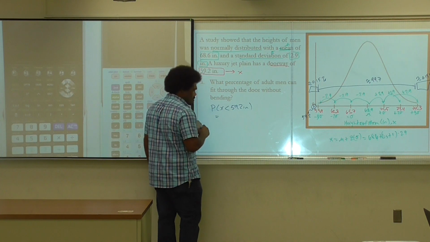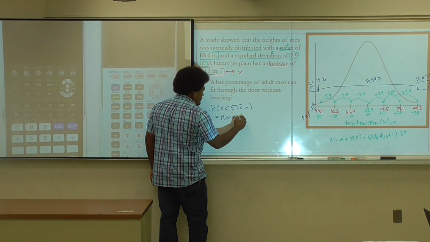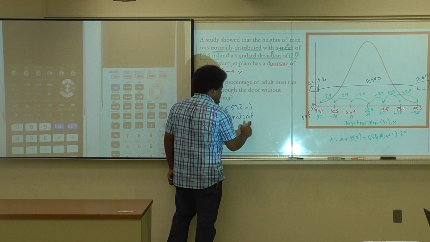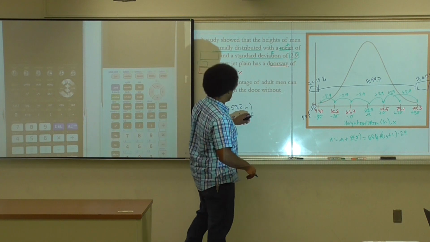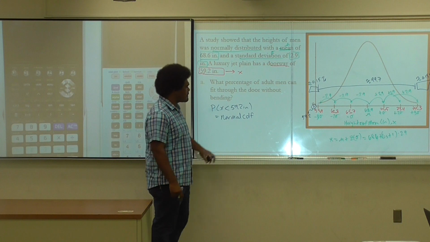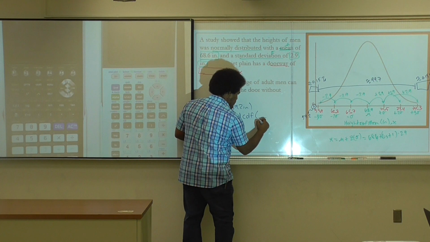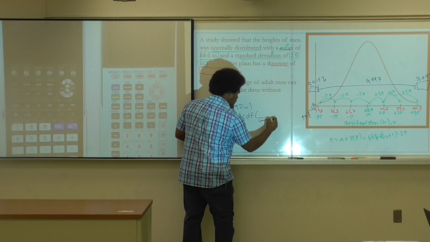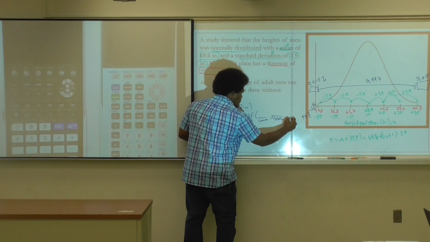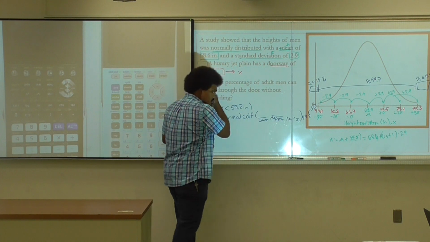And we can find this using normal CDF. Why am I saying CDF? Because I'm looking at a range. This is a range, it's not exact. It's exact with PDF, but this is a range. So CDF. And we're looking for our values to have a lower, an upper, our mu, and our standard deviation. We need all that inside here.